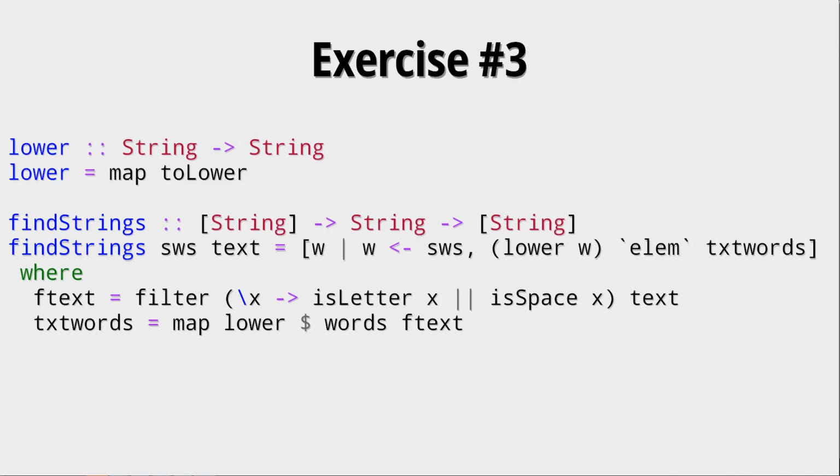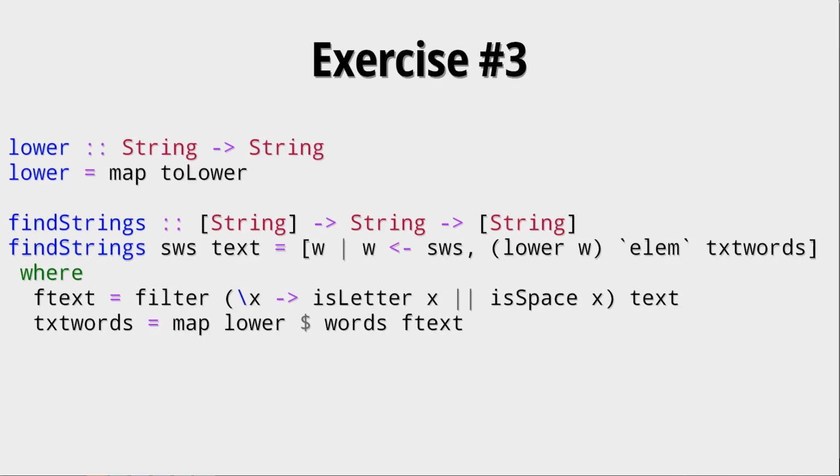Okay. So let's look at what those functions are doing. Lower is simply returning a string from a string, just with lowercase characters. Okay, so now find strings gets the search words and the text, and it does the following.